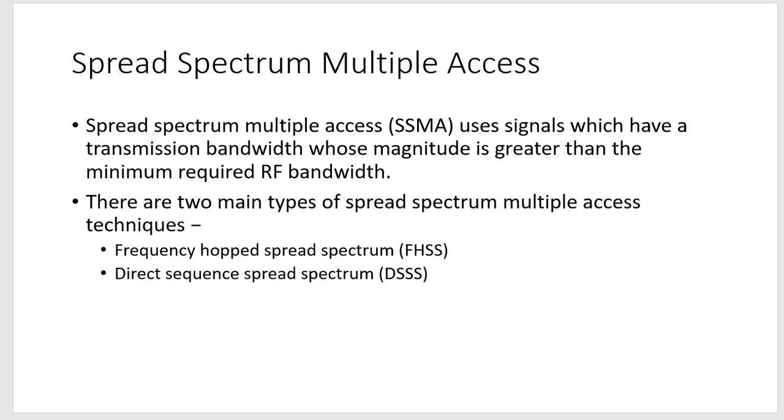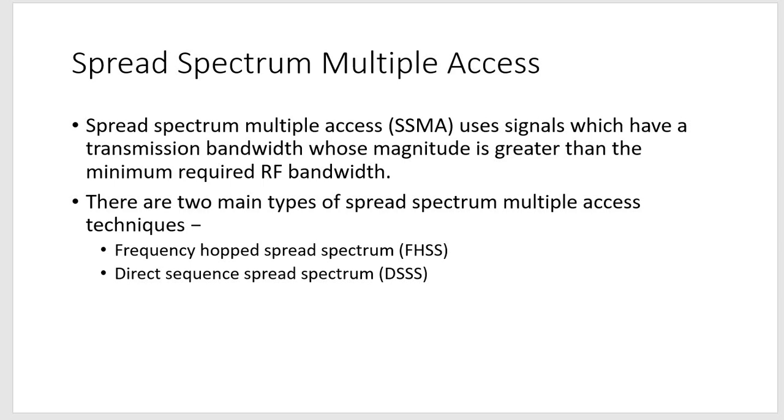This SSMA uses signals which have a transmission bandwidth whose magnitude is greater than the minimum required RF bandwidth. So the transmission bandwidth magnitude is greater than the minimum required radio frequency bandwidth. RF bandwidth is the whole channel bandwidth allocation in the radio frequency.